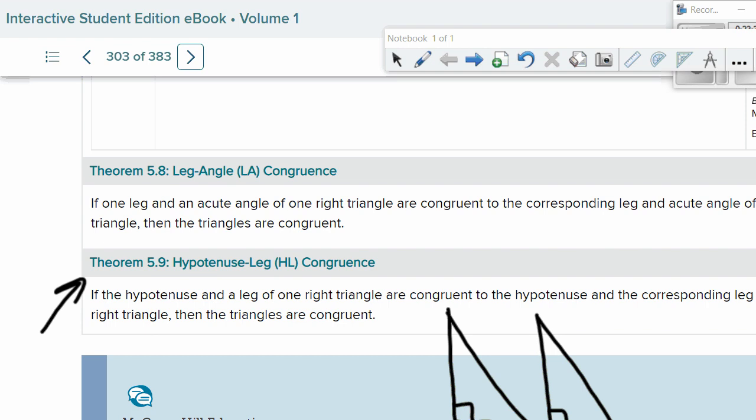And this theorem says that if the hypotenuse and a leg, so the other 2 sides are called legs, are congruent to the hypotenuse and the same leg, or a corresponding leg, then I can prove that the triangles are congruent by hypotenuse leg. Okay, so really you got to make sure HL. H means it has to be a right triangle for me to be able to use it. I can't use it with anything else that doesn't have a right angle in it.